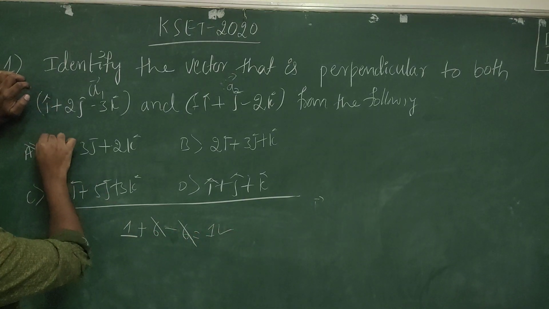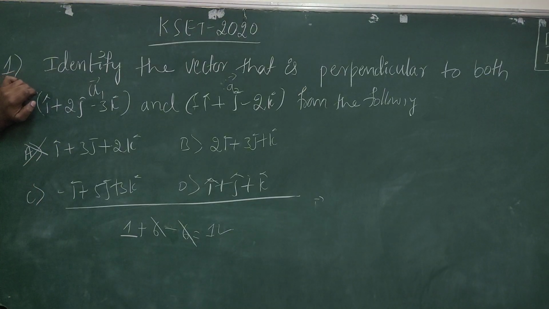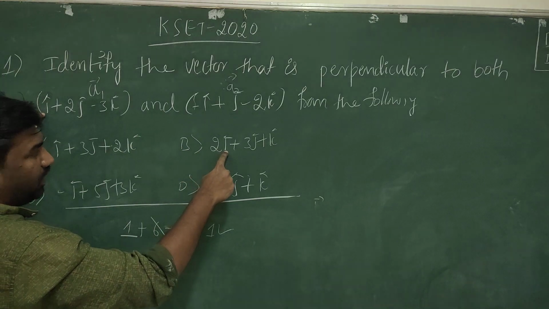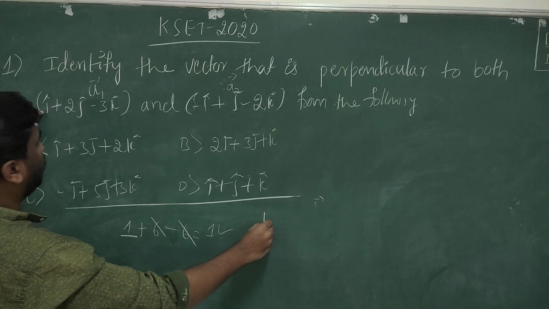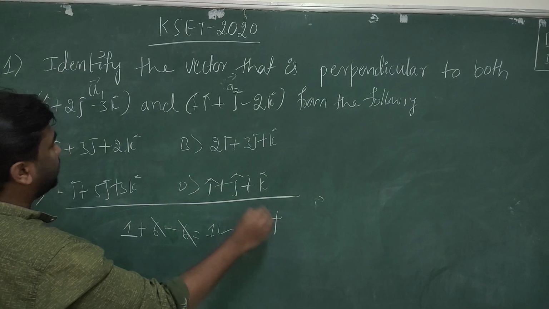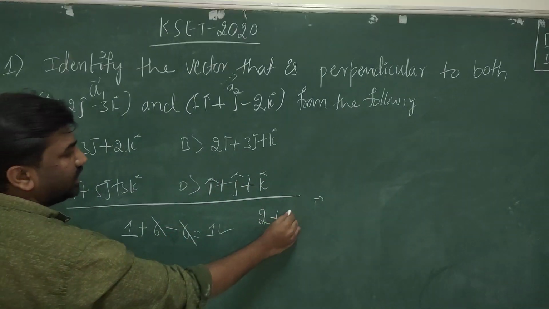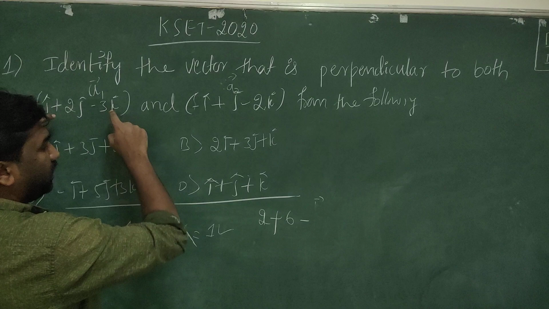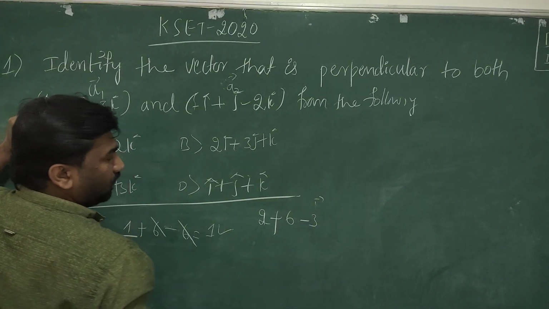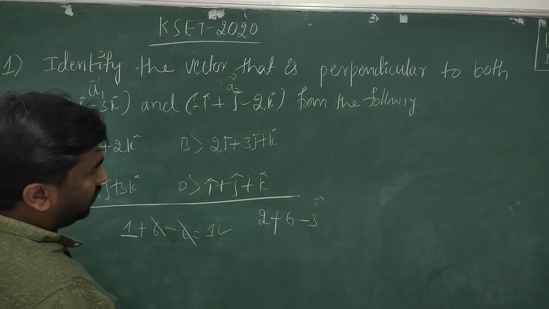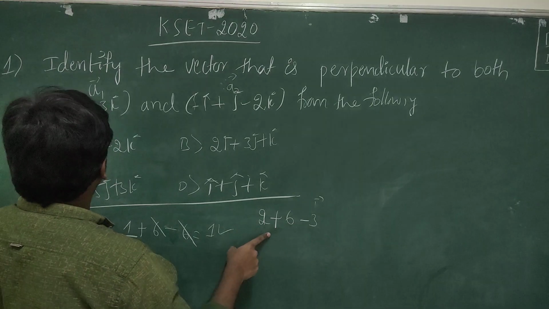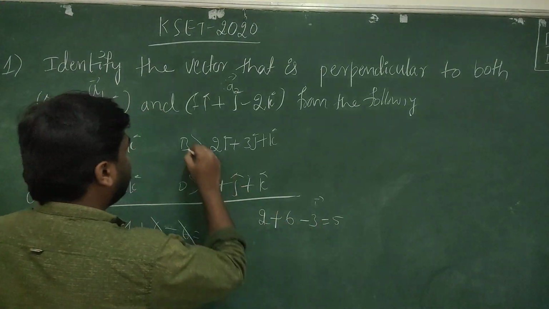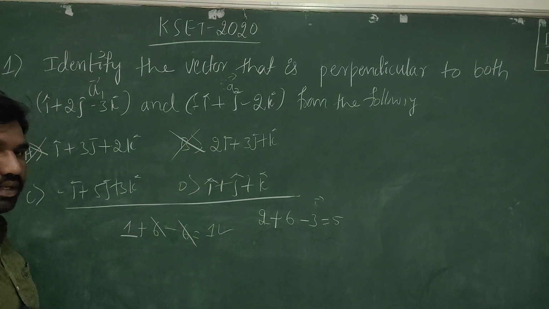So this is not the answer. Next, option B. I into I, 1, 2 1s are 2, plus 2 3s are 6, minus 3 1s are 3. So 6 plus 2, 8, and 8 minus 3 is 5. This is also not the correct answer.